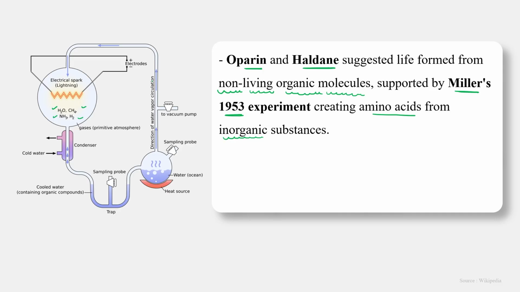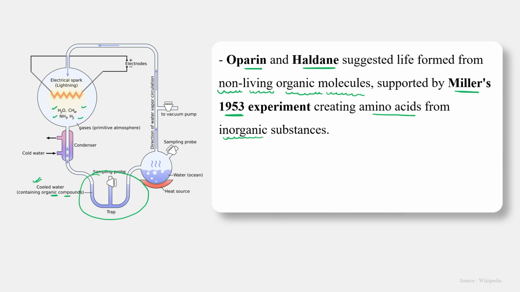So they designed an experiment in which water vapor flowed through a jar, in which he created a primitive atmosphere with certain gases: water vapor, methane, ammonia and hydrogen, with electrical sparks and continuous movement of this water vapor for a long period of time. Slowly the water condensed, and in the cooled water he found some organic molecules.